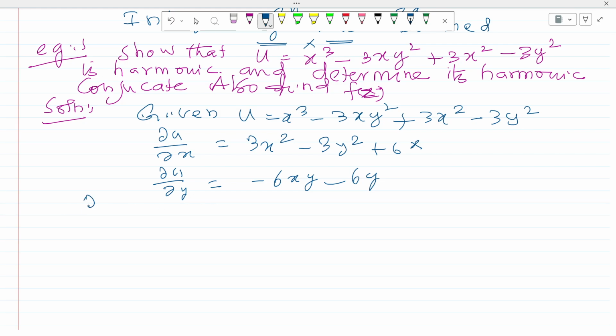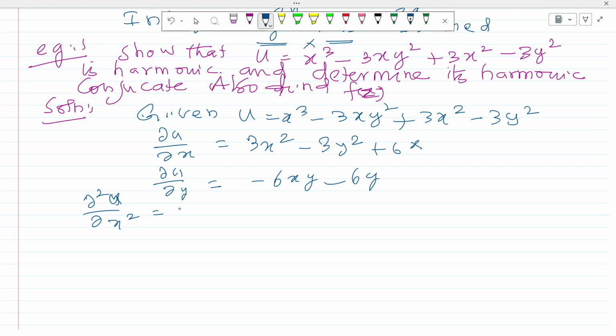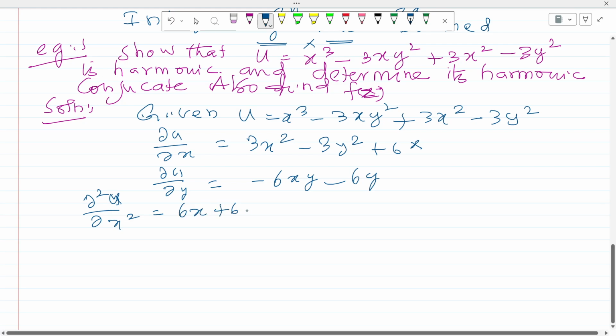∂²u/∂x². What is ∂²u/∂x²? 6x plus 6. Similarly, ∂²u/∂y² is minus 6x minus 6.